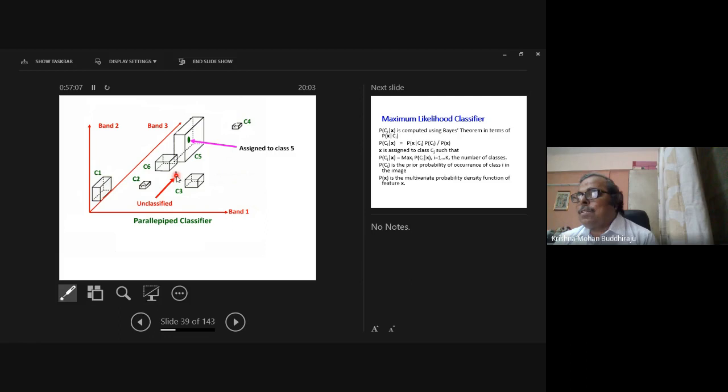Once any of the checks fails, you have to move to the next class. So if you have so many classes, you have so many if-then-else checks, and if the sample doesn't satisfy any one of them, it is left unclassified.